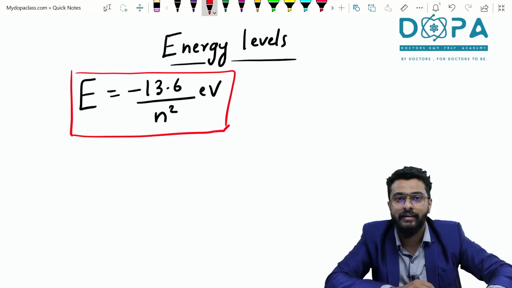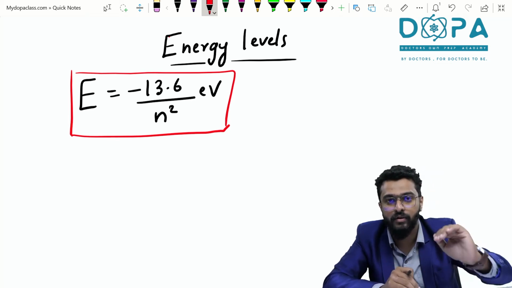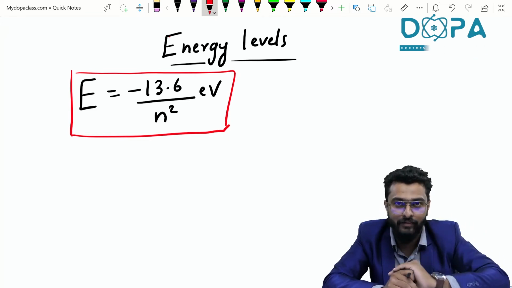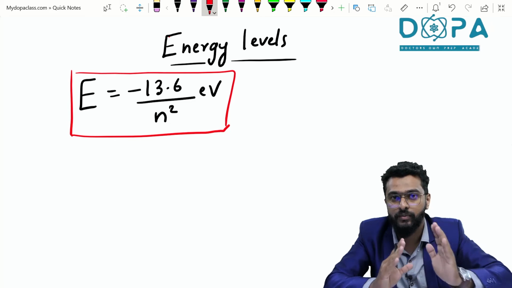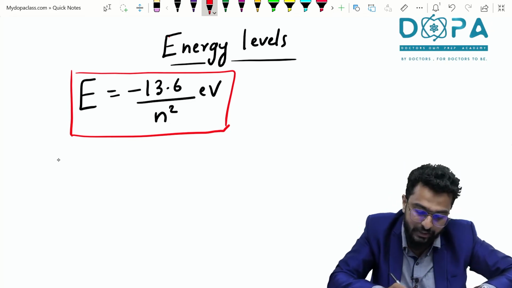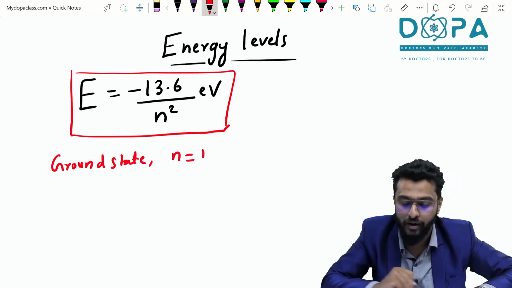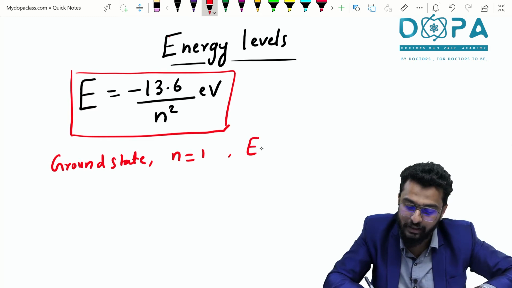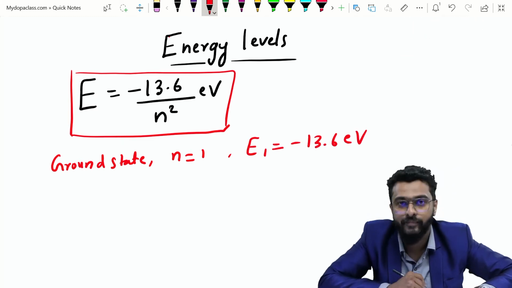Ready? Then for the lowest stationary level, that is called ground level or ground state. For ground state, here n is equal to 1. In that case, E1 is equal to minus 13.6 electronvolt.